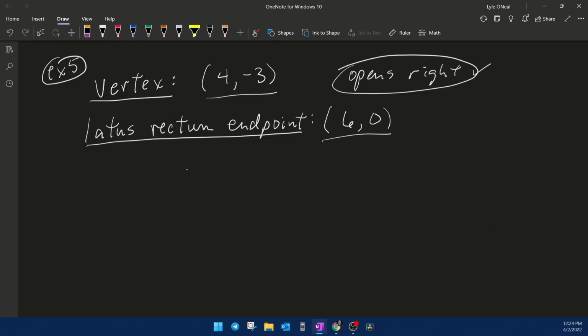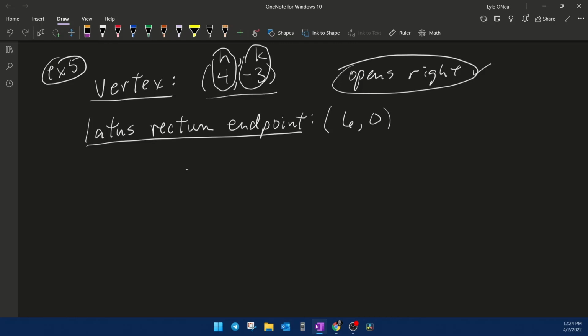Okay, so what do we know? In either case, remember, if it opens up, down, or left and right, the vertex is the ordered pair (h, k). And so right off the bat, we know the values of h and k. The other piece of the puzzle that I need is p. I need the value for p.